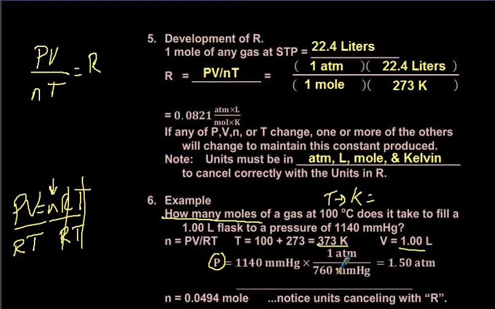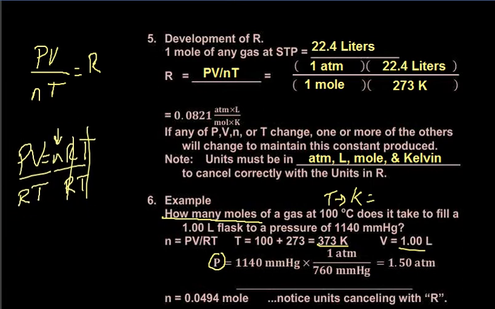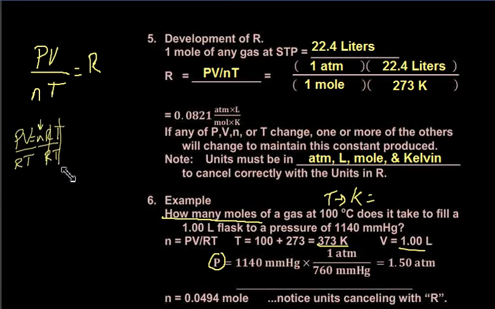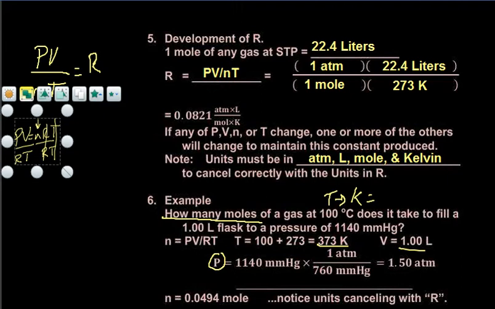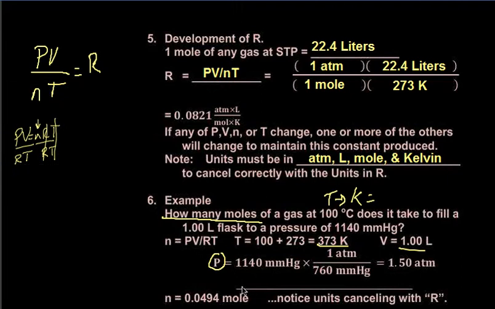We would divide by 760, because we know that equals 1 atmosphere, and we'll get 1.5 atmospheres. We plug all this stuff in, so we'll draw it over here. Let's move this up a bit and shrink it. We know n equals PV over RT, so we'll take our values and plug them in.